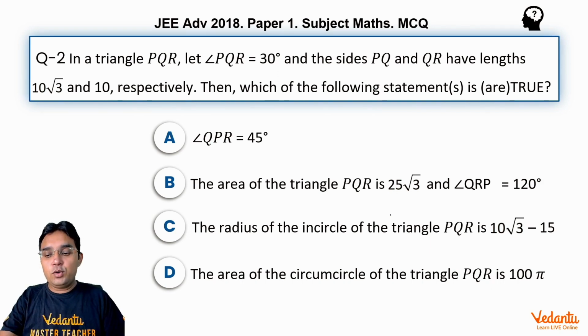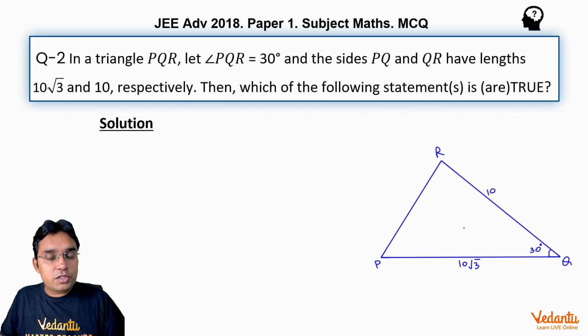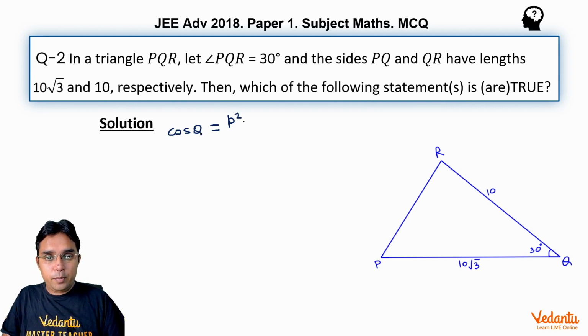So let us see how to solve this question. We are given two sides RQ and PQ as 10 and 10 root 3 and we are also given one angle 30. Side opposite to that angle is not known. So the best approach to start this question will be to use the cosine rule. I can use cos Q is equal to (P square plus R square minus Q square) upon 2PR.